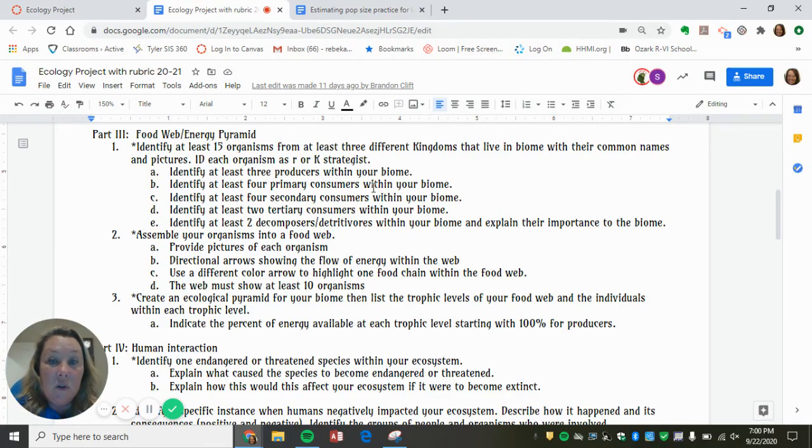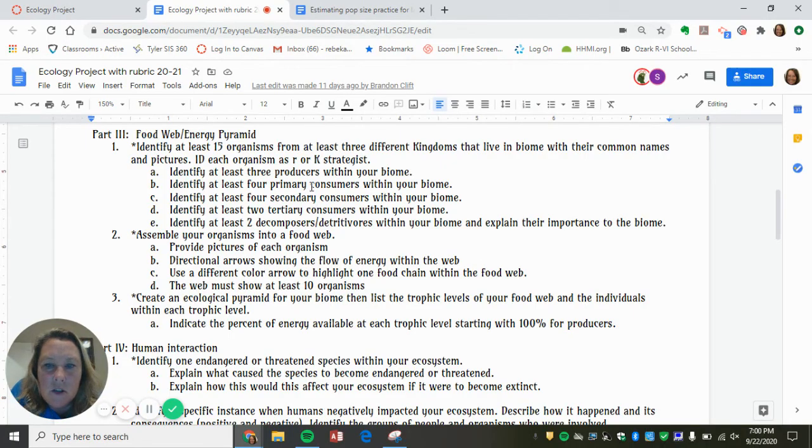And then if you look them up and find what they eat, you can write those producers, the plants that they eat, on this first slide. And then on the second slide, you've got your primary consumers, and then what eats them might be your secondary consumers, and what eats them might be your tertiary consumers. And so like I would start with letter B or C and build in both directions, if that makes sense.